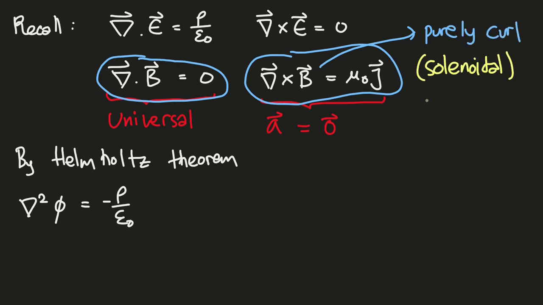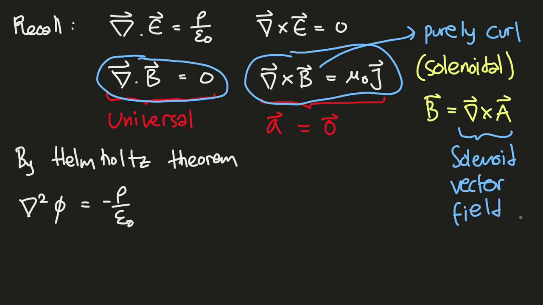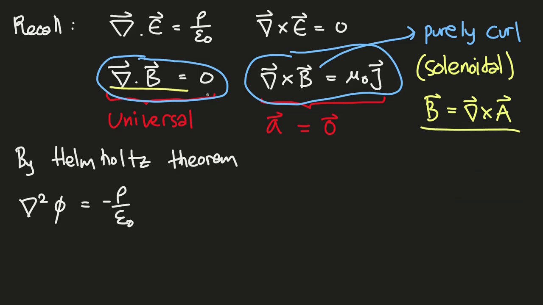So then I can define B as the curl of some vector field A, which creates the magnetic field as a solenoidal vector field. The Helmholtz theorem comes from the condition of no divergence, and the curl itself has something as such.